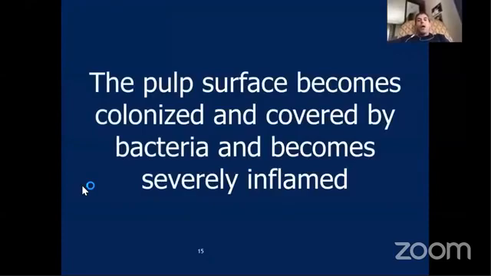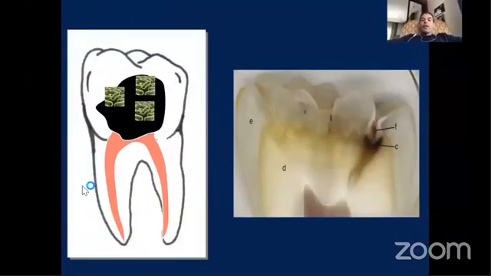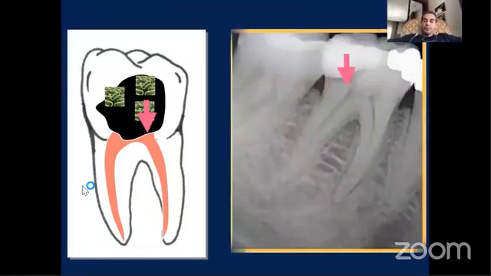Now, the pulp surface becomes colonized and covered by bacteria, and becomes severely inflamed. Then these bacteria and bacterial byproducts will affect the surface of the pulp, and now we have inflammation of the pulp surface, as we can see in this X-ray.